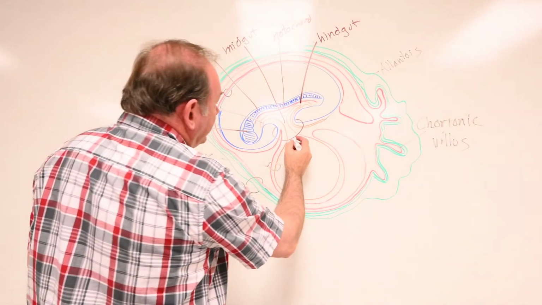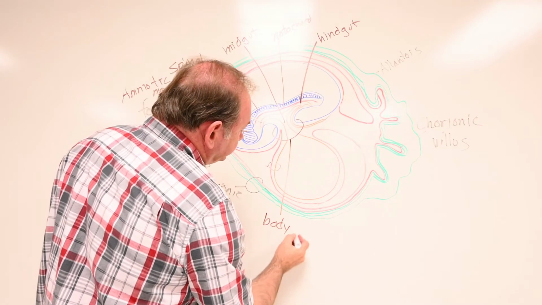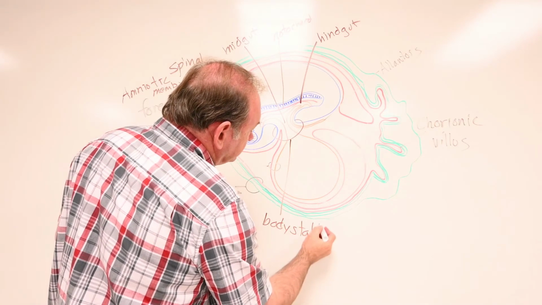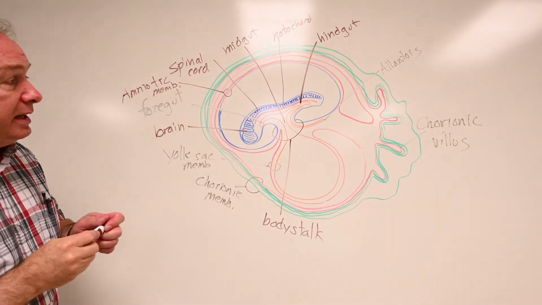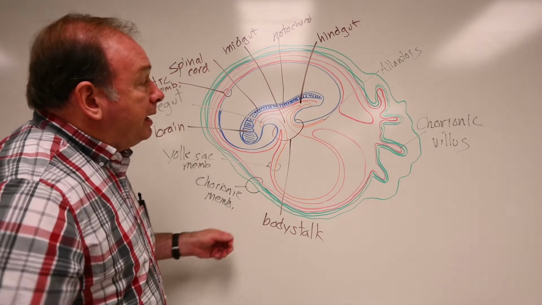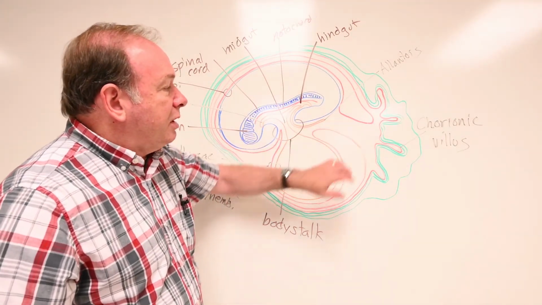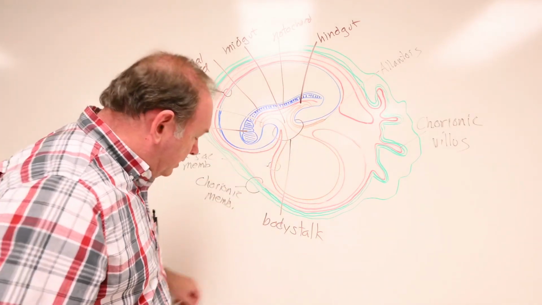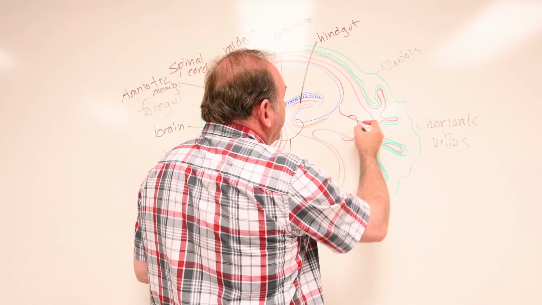There's our body stalk. Eventually we'll recognize that as an umbilical cord. Now, notice how we have this connecting mesodermal stalk back here in the back still. We can label that, I guess, still mesodermal stalk.